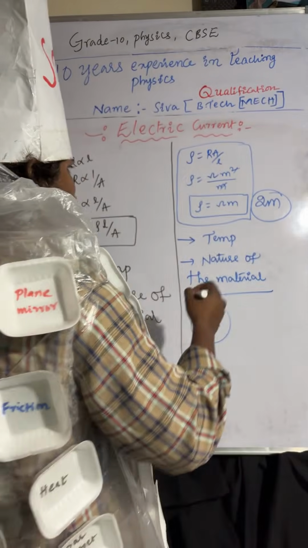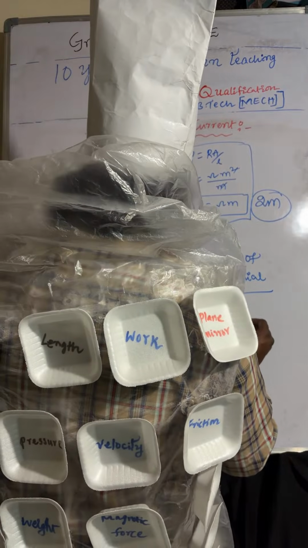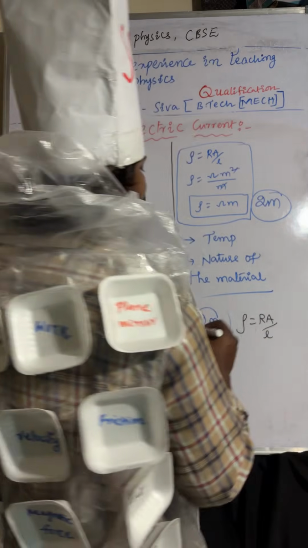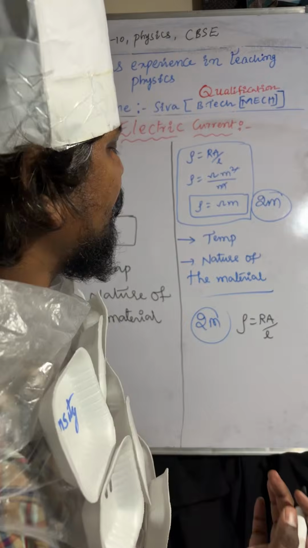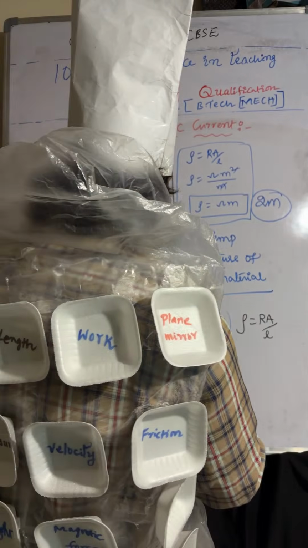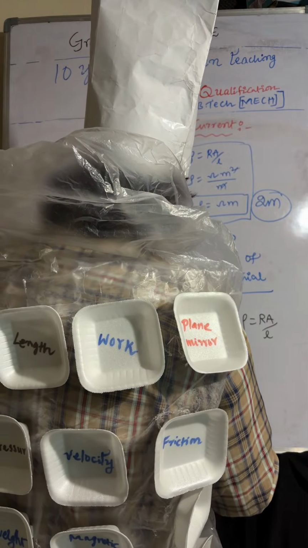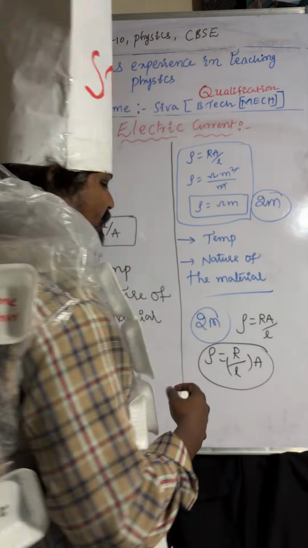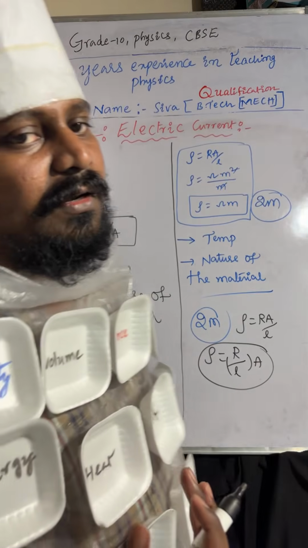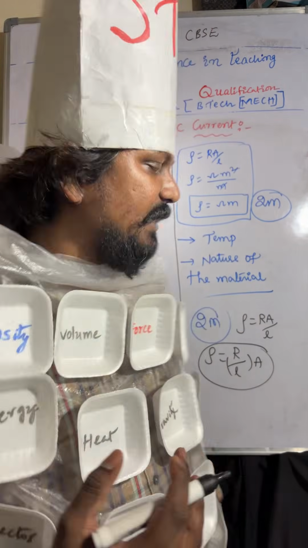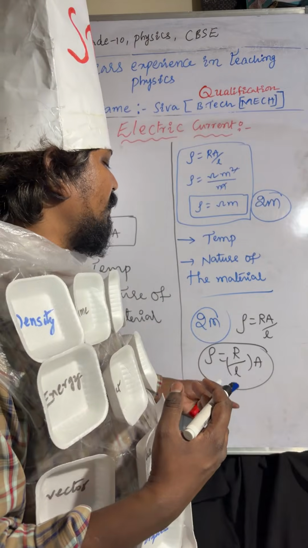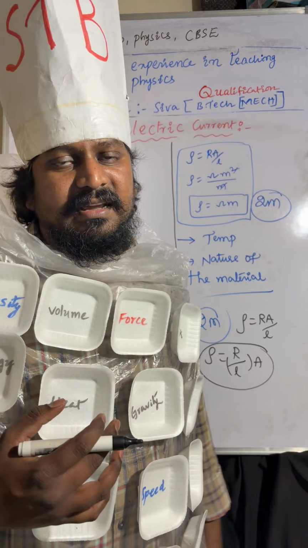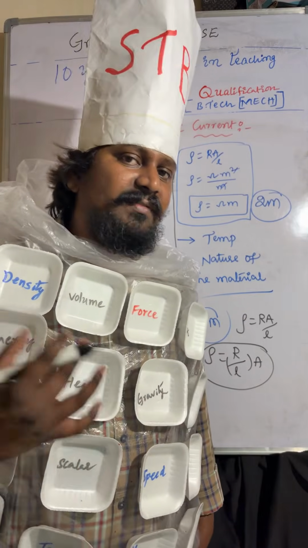Resistivity, from the formula itself we can get the definition. Resistivity is equal to resistance of the conductor per unit length and unit cross sectional area. So R by L into A. That is resistivity.